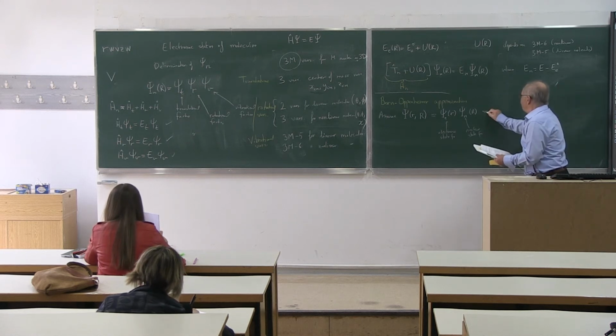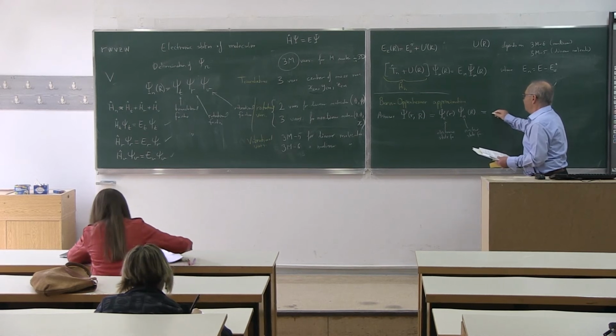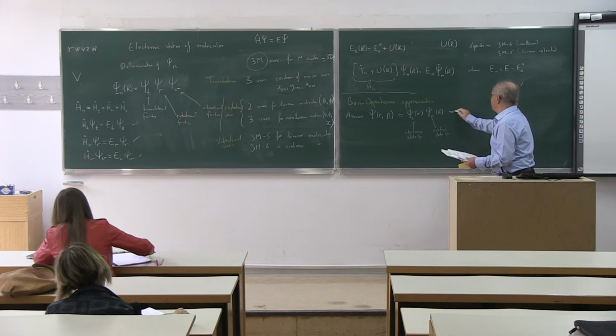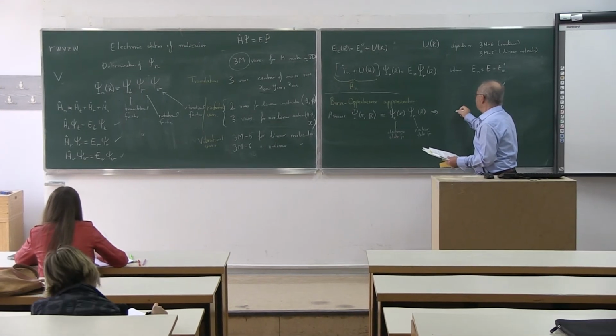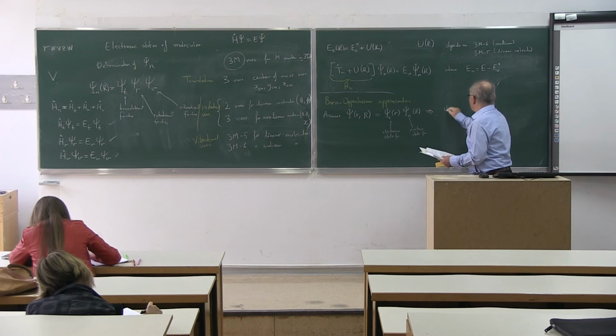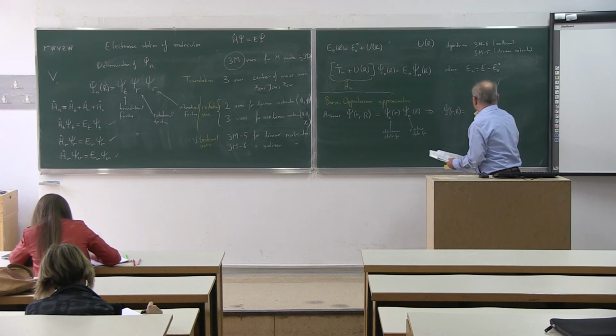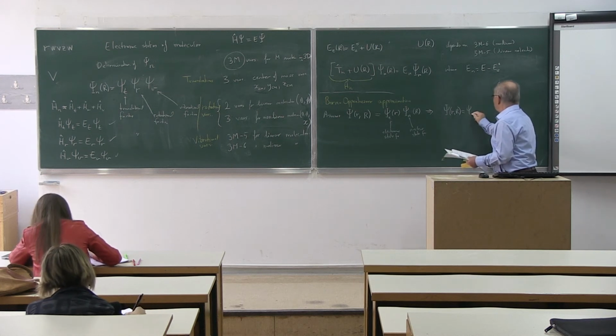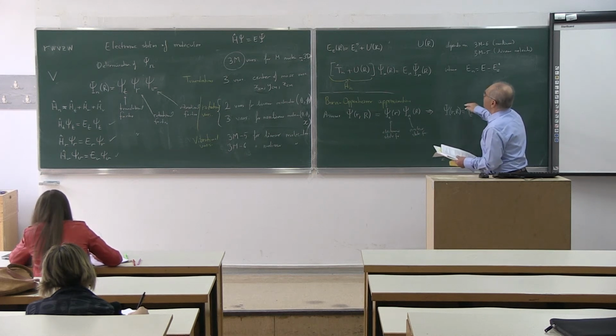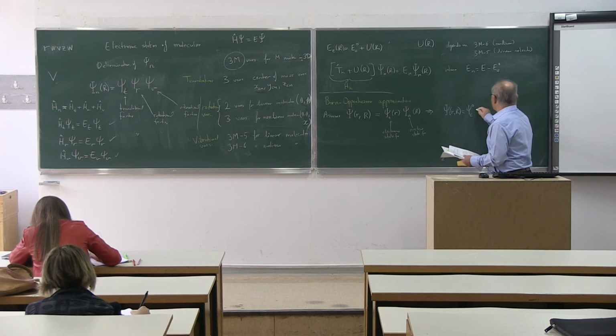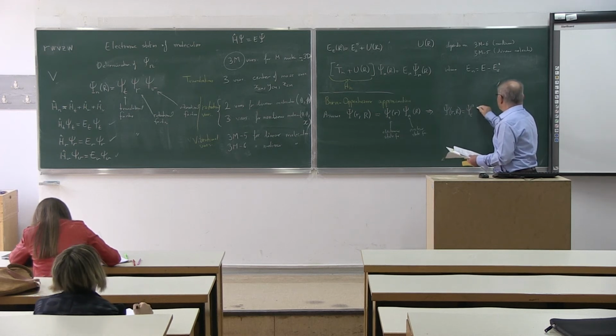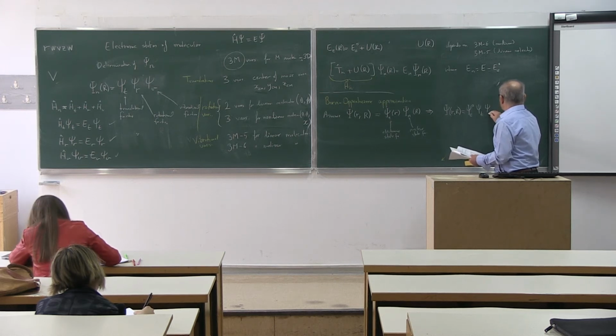Then we come here. We see that our final result is, let me put it this way, psi, the total state function, is a product of the electronic state function times a translational function times a rotational function times a vibrational function.